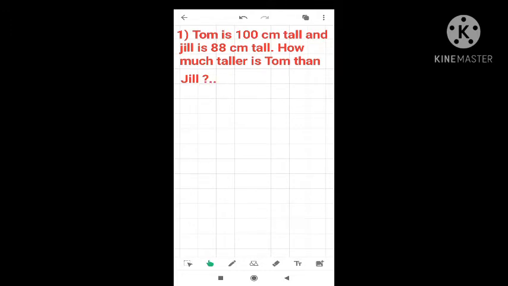So here we have been given the height of Tom and Jill, and we have to find how much taller Tom is as compared to Jill. So it means this word problem is of subtraction. Now let's solve this word problem by using these numbers.